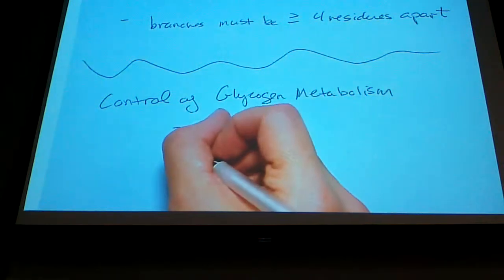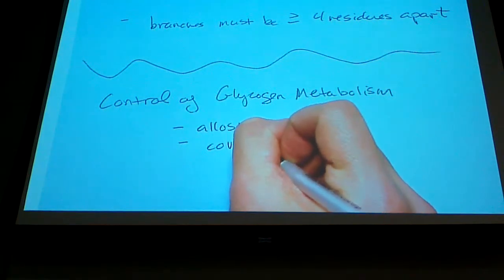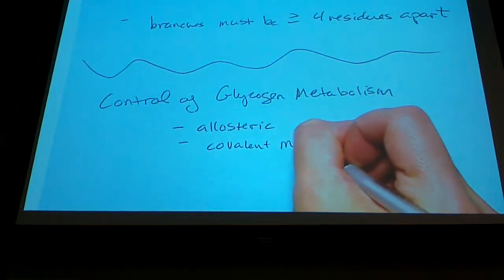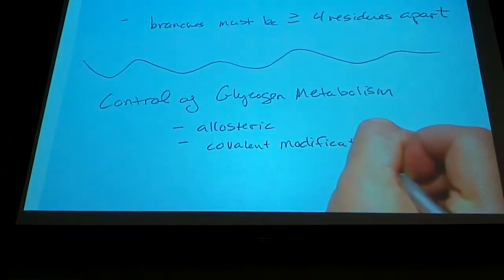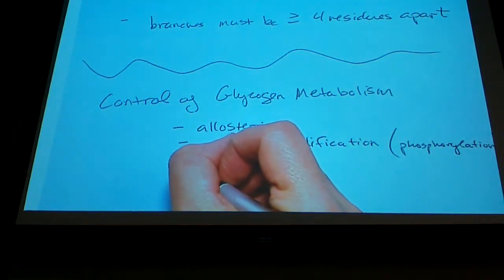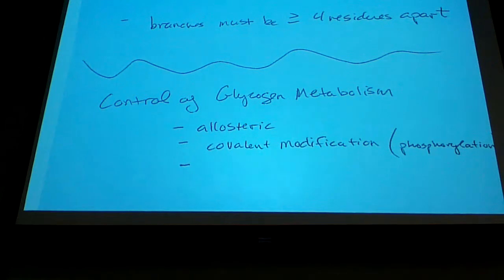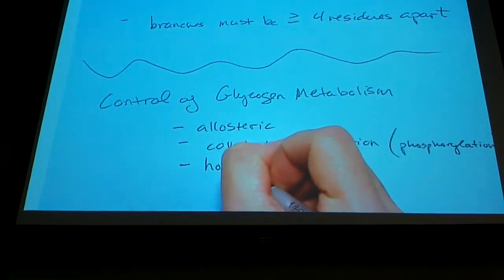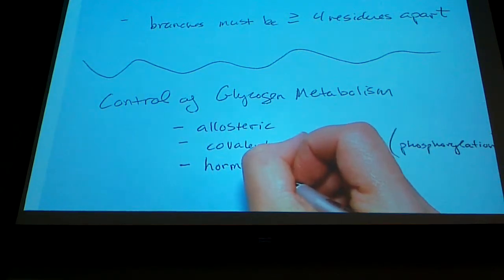We're going to see covalent modification. What's our favorite covalent modification? Phosphorylation. Yes, we're going to see some of that in control of glycogen metabolism. These are all related to each other, but we're going to see all of this under hormonal control.